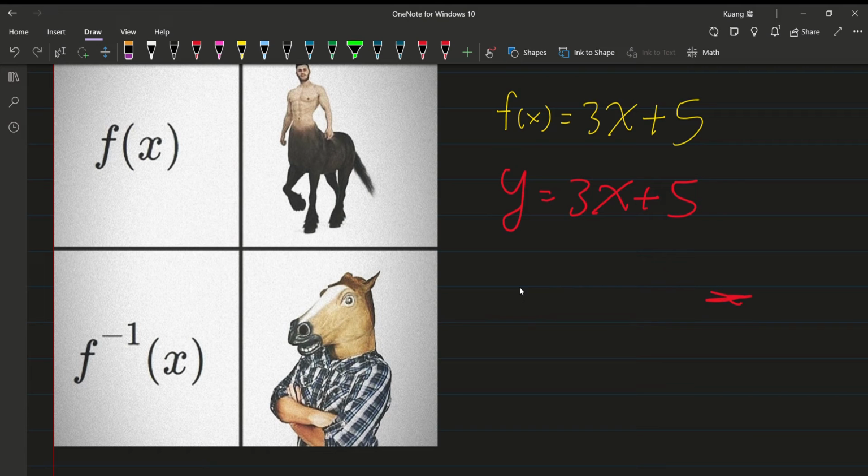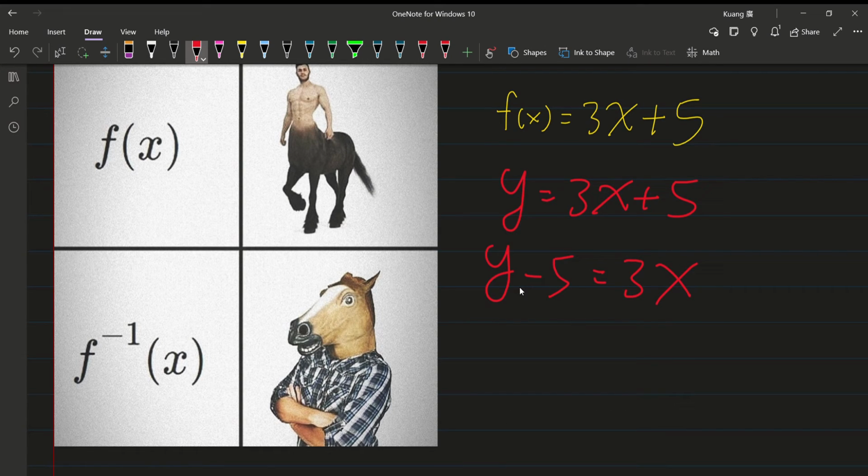So I want the constant moved to the other side of the equation, and the coefficient of x to become 1. First, I move the 5 to the left side, so it becomes y minus 5. If I move it to the left side, I need to change the sign from positive to negative.